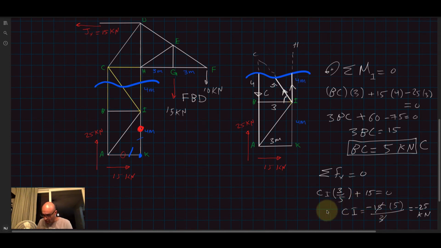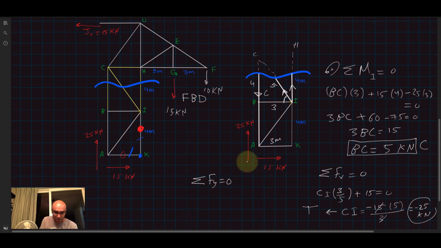So CI is tension, and this is its value. Now what do we need to find? We need to find IH, and to do that, it's probably a good idea to use the summation over Fy equal to 0, and from there I have IH is positive. I assumed it was positive.